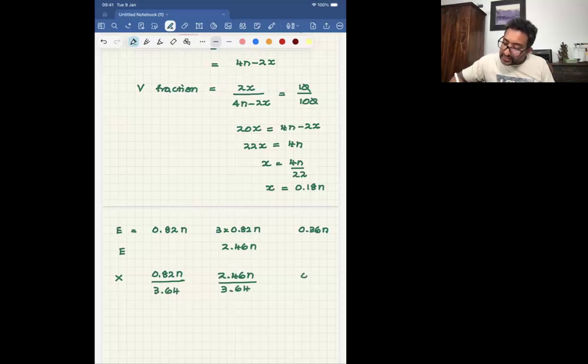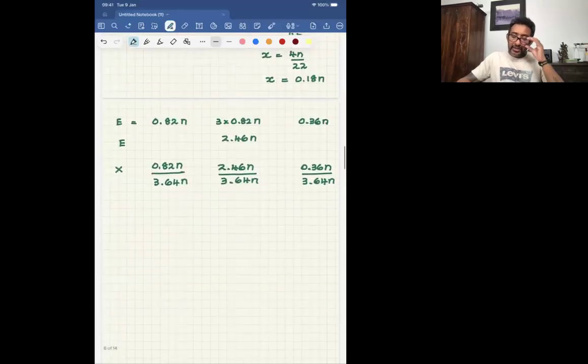Then 0.36 n divided by 3.64. So now the n will cancel out. 0.82 divided by 3.64 is roughly around 0.225.